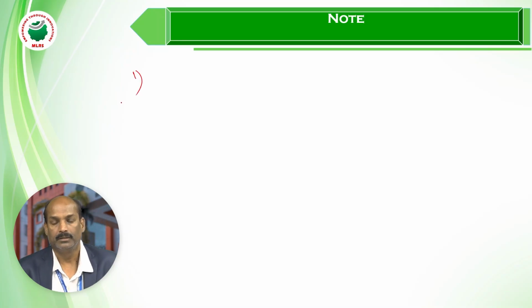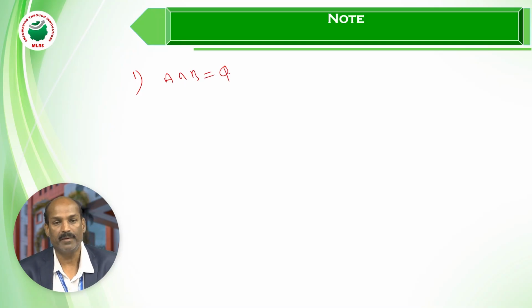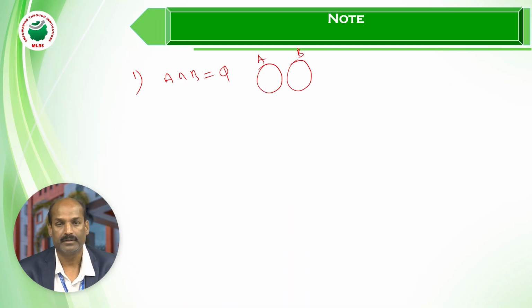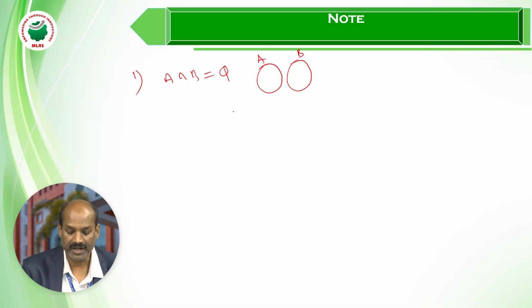Next, notes. Here I will give 3 notes. The first one: suppose A intersection B equals phi. A intersection B equals phi means A and B are disjoint, they are not intersecting, separating events A, B. Then in this case, what do we write here?